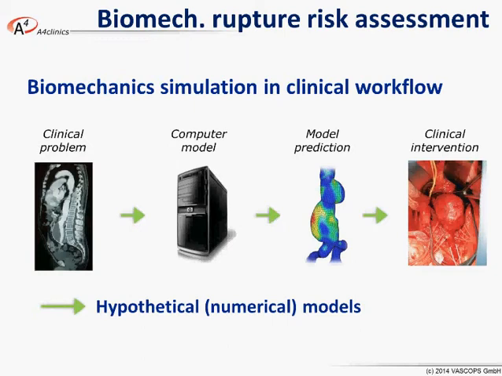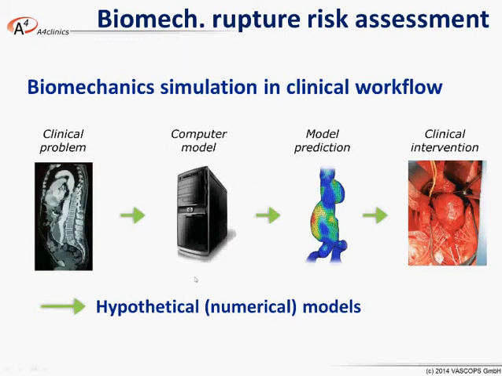You can only predict stress through simulations. So this model is going to simulate stress distribution all over our aneurysm, and this information will then help to find our clinical intervention criteria. So this is the idea of how this biomechanical rupture risk assessment enters the clinical workflow.